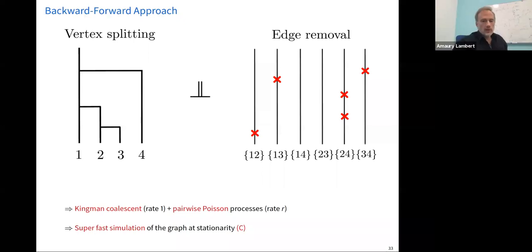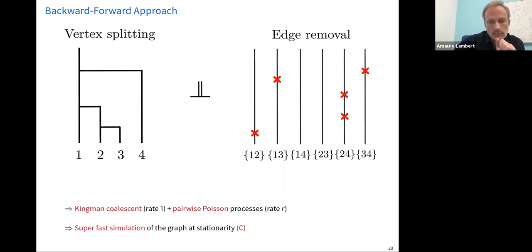So how we put this together is that if you have an edge between I and J, it was born at the time of birth. Okay, it was born at a coalescence event, if you look backwards in time, between I and J. And so this edge is still alive if the Poisson point process labeled IJ has no atom since the coalescence time.